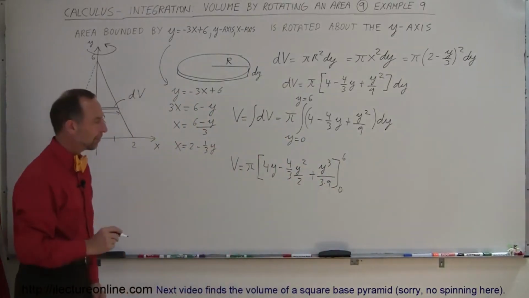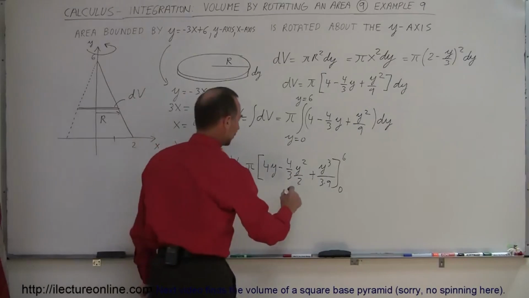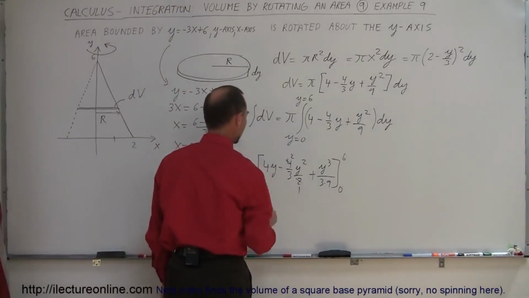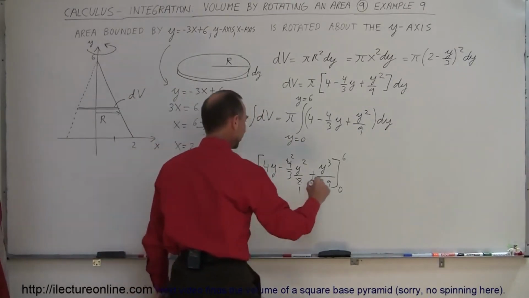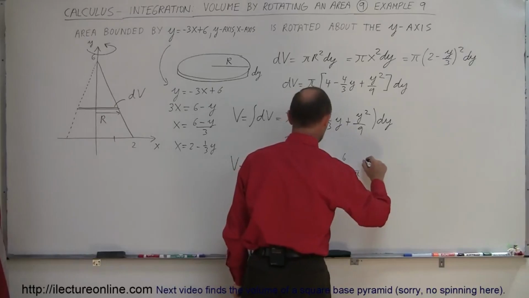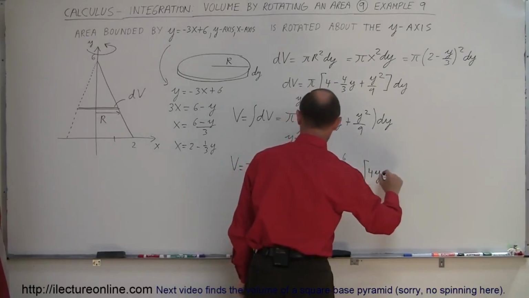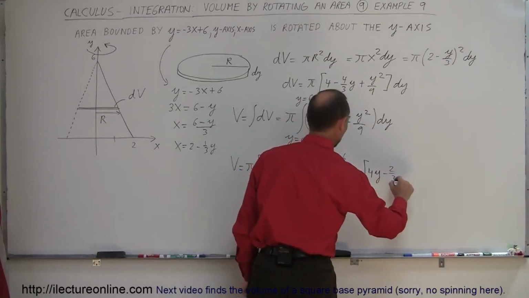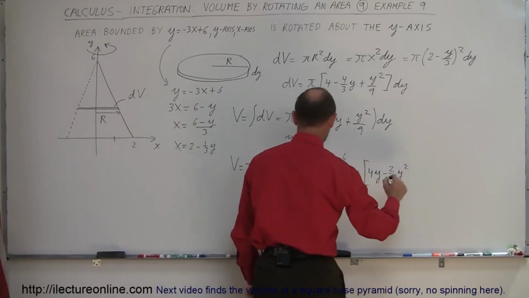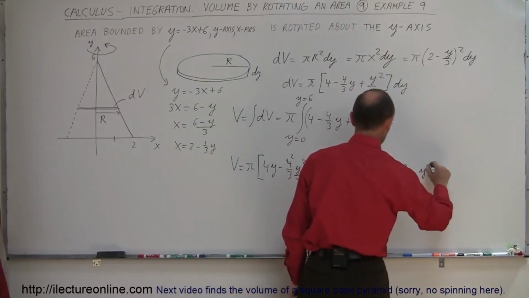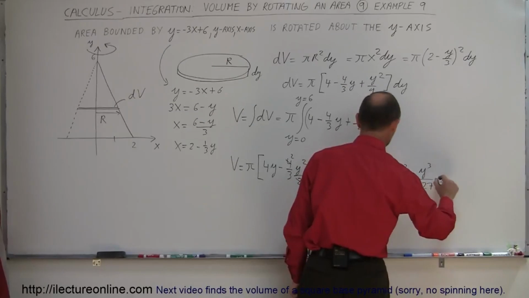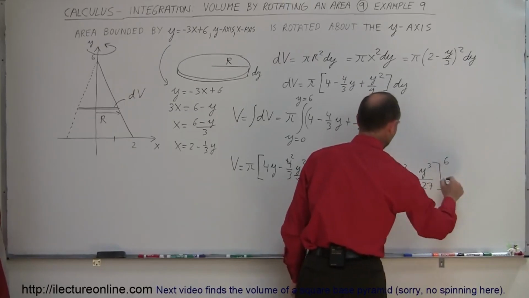Okay, I think I want to simplify that just a little bit more. So this 2 comes out with that 4. And so let's write this as pi times 4y minus 2/3 y squared plus y cubed over 27 from 0 to 6.